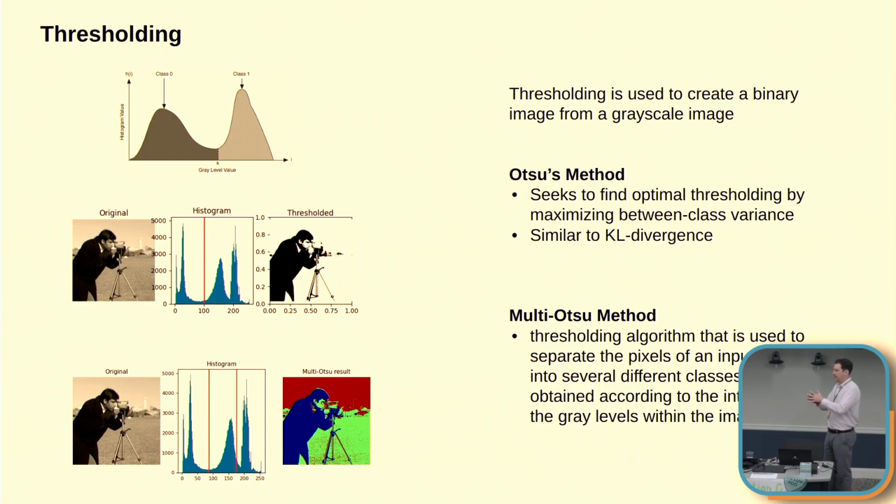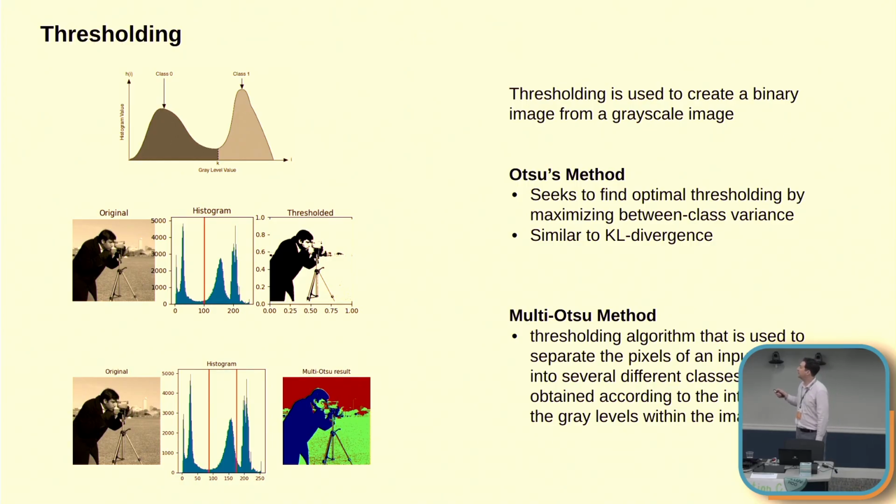So the next step after we've pre-processed the image is to apply some thresholding to the image. It separates the image into the binary, or sometimes in the multi-Otsu case, multiple layers of segmentation. It looks at the histogram, and you want to separate the high peaks at the local minimum that maximizes the variance. So that's the Otsu method, which gives us two regions.